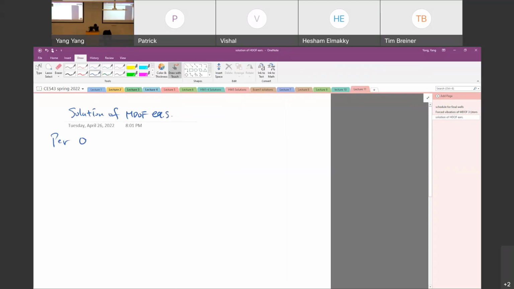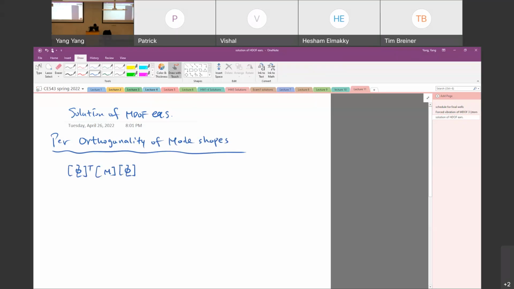For the orthogonality of modal shapes, we should have the transpose of phi times M times phi, and there will be a diagonal.